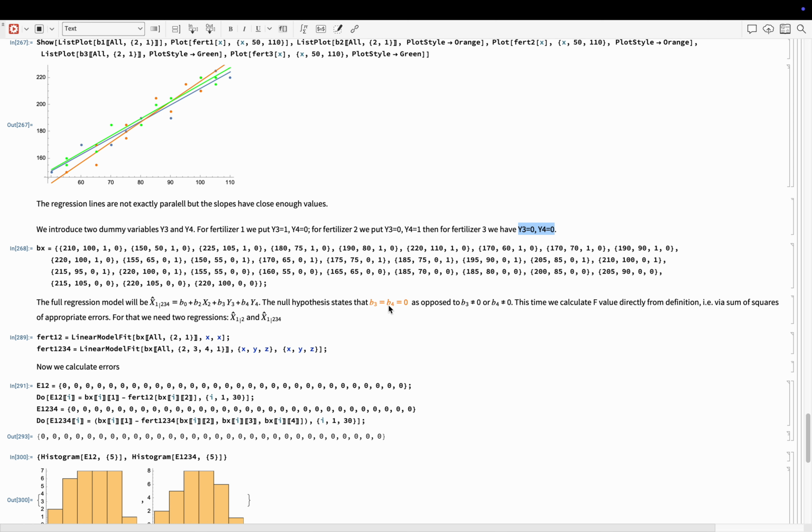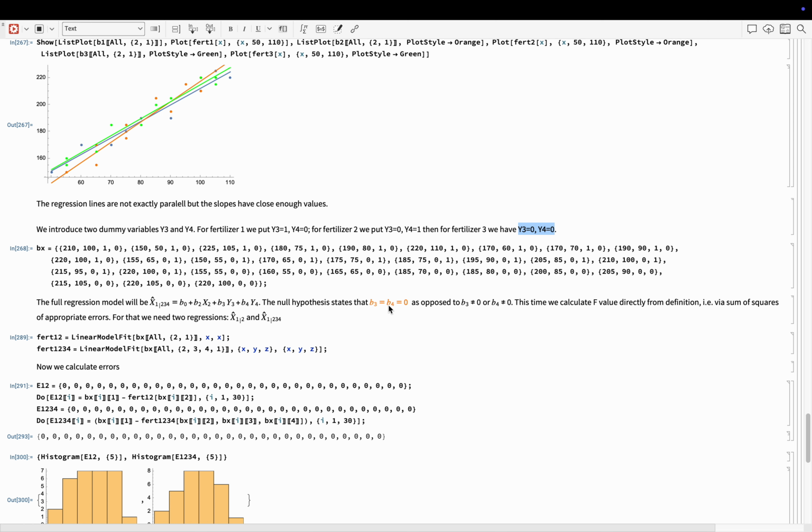The alternative hypothesis, of course, is just a negation of that. So it says that at least one of these coefficients is different from 0.